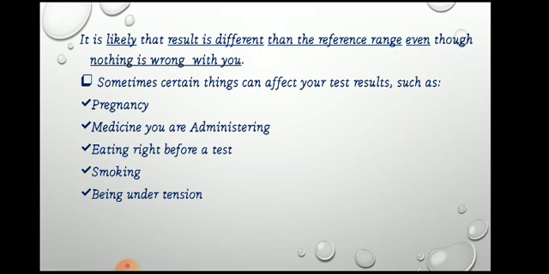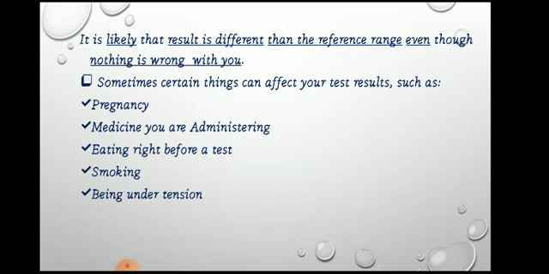Like false positive results, is it likely that a result is different from the reference range or the standard range, even though nothing is wrong with the patient or the person? Yes, this is possible. Several times this happens.